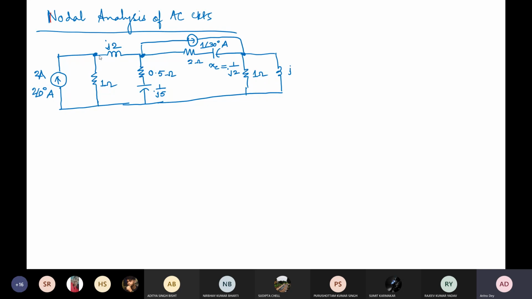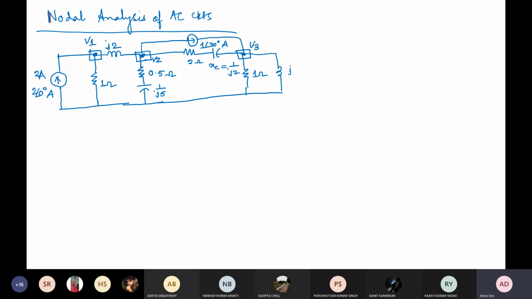So how many nodes can we identify here? This is node 1, this is node 2, and this is node 3. You can put the node voltages as V1, V2, V3.